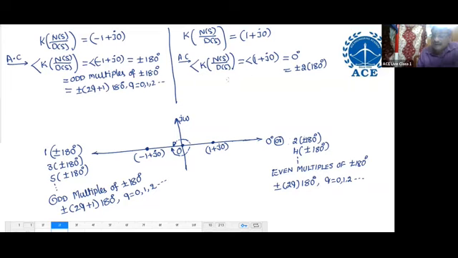Here, what you got? Even multiples of plus or minus 180, or plus or minus 2q into 180 degrees, where q is 0, 1, 2 and so on.